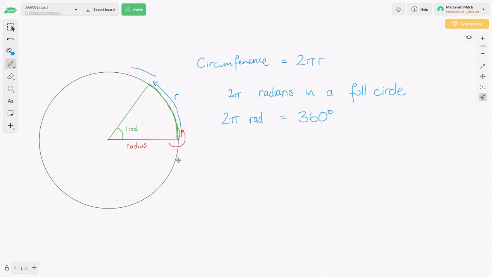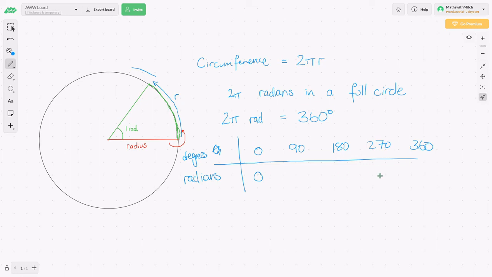So then if we want to compare or convert some degrees to radians, we can do that, knowing that 2 pi rad make up 360 degrees. So if we just do a little table here, say 0, 90, 180, 270, 360, and so 0 degrees is going to be 0 radians.